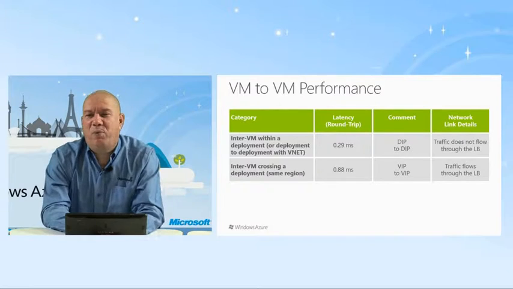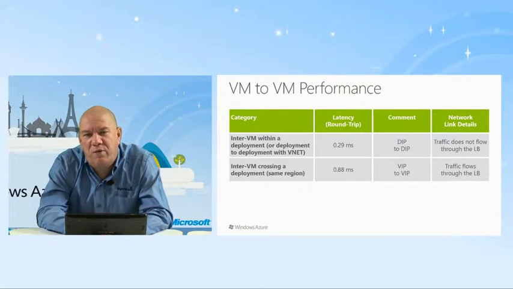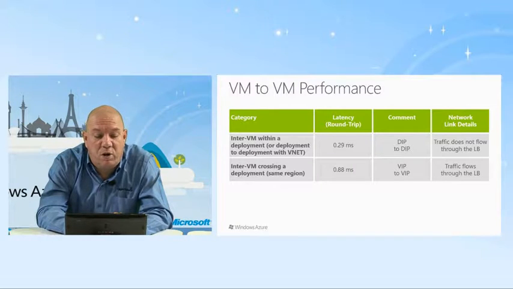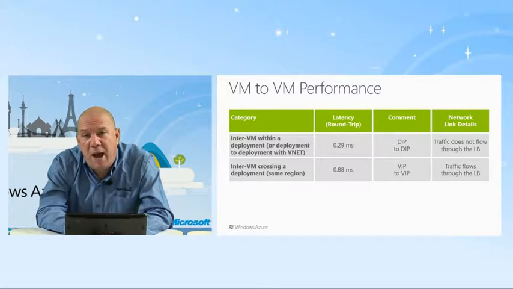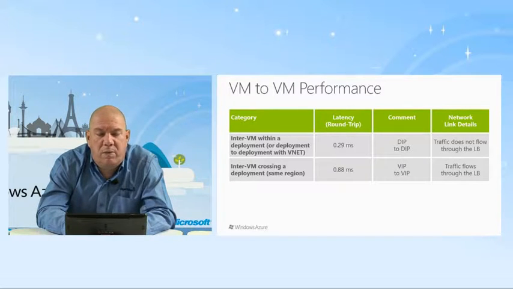Inter VM within a deployment. So what I'm talking about here is if I'm looking at two or more VMs within a single deployment, or if I'm running between two different deployments using virtual networking, my latency ends up being just a tad under 30 milliseconds, which is actually quite decent.